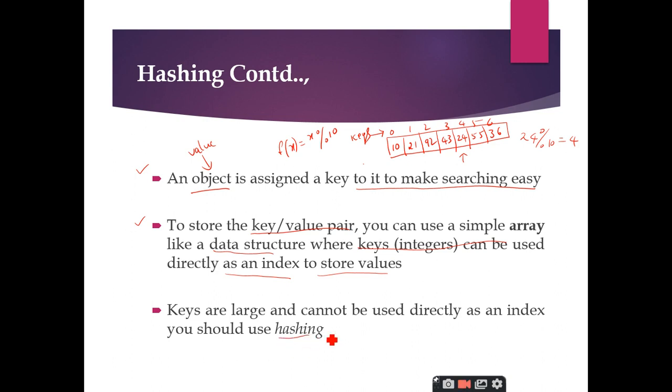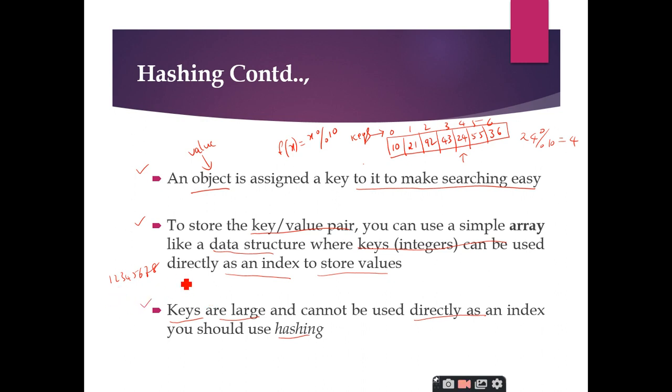But why do we require hashing? As I told, it makes the searching process very easy, but hashing can also be used in the other case, where you have keys of very large size that cannot be directly used as the index. For example, I have a number like 12345678.